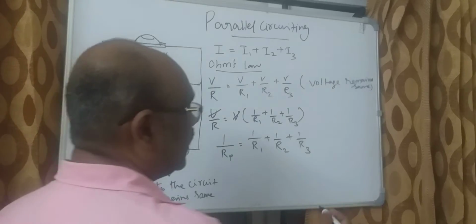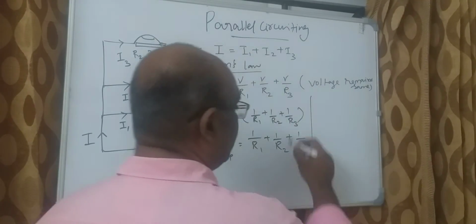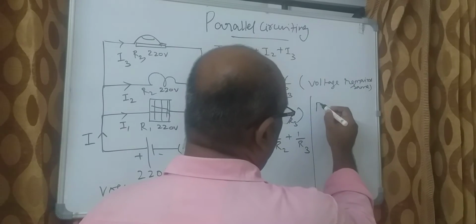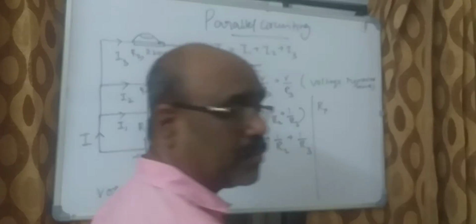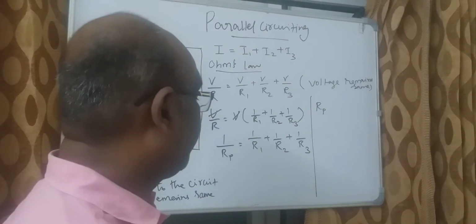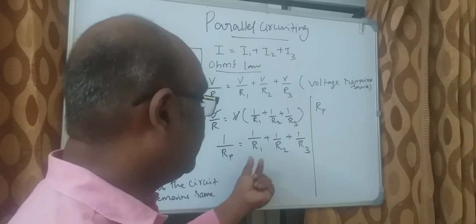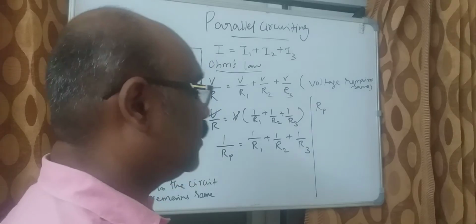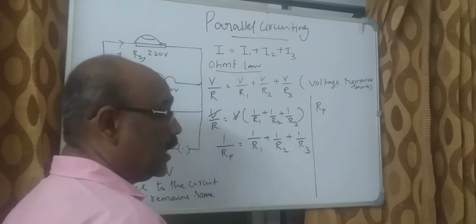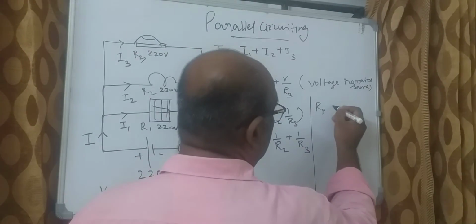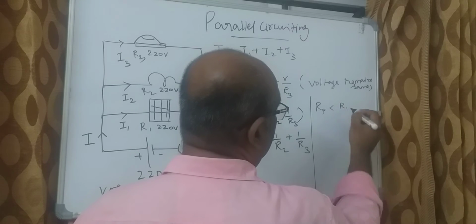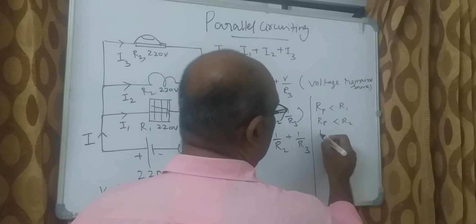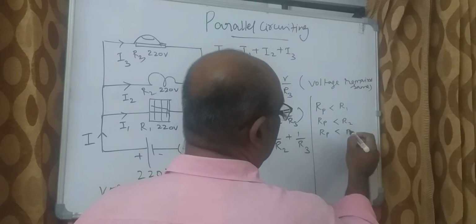And if we find the effective resistance of the circuit, that is Rp, from the reciprocal value, then we will find that Rp will be less than R1, Rp will be less than R2, and Rp will be less than R3.